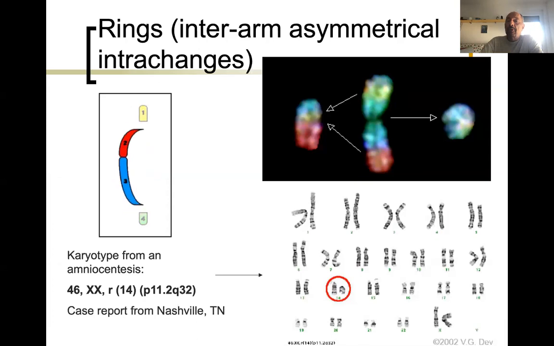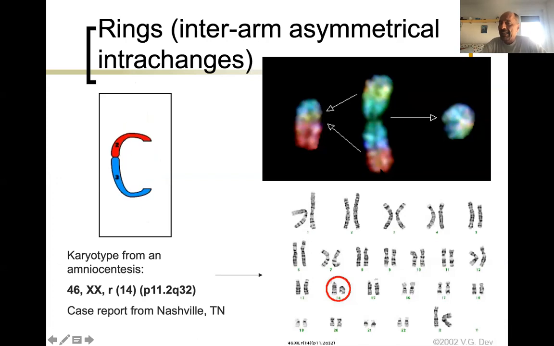Now, you can then have asymmetrical again, but not interchanges, but intrachanges. You have two types of asymmetrical intrachanges. One is interarm, and in this case is called a ring. What happens in a ring? You show it here. You break the chromosome here and here, and then you rejoin the two pieces along with the centromere. So you generate a ring. This is in mFISH.